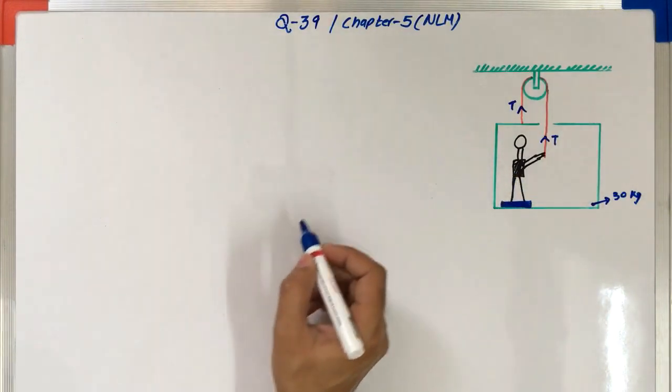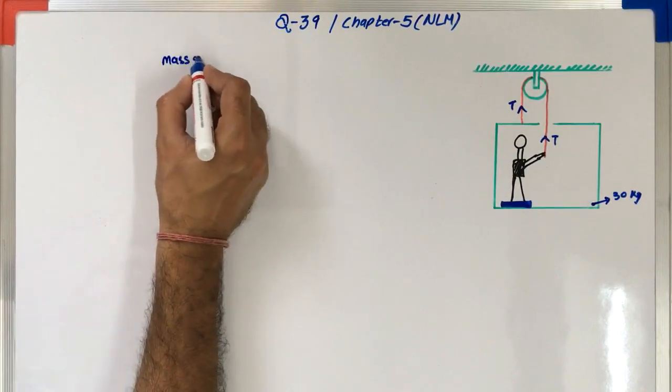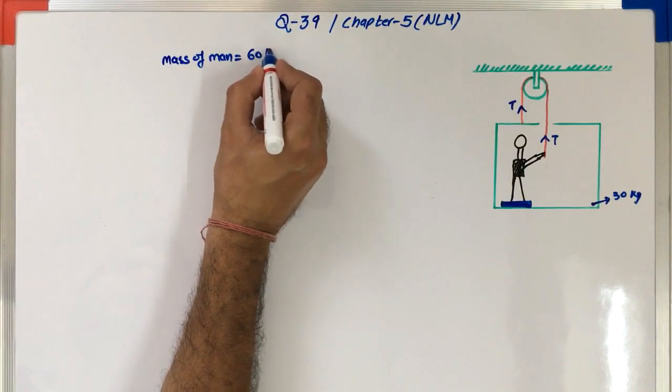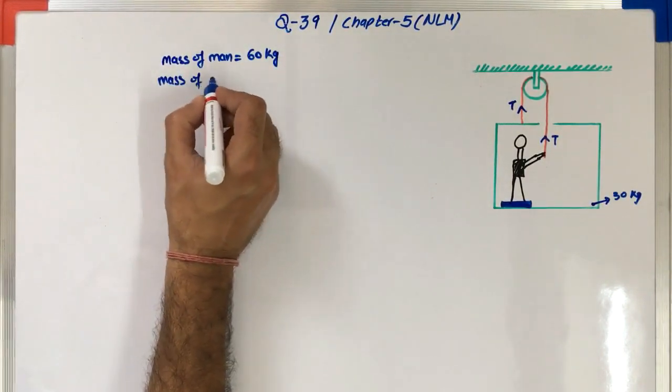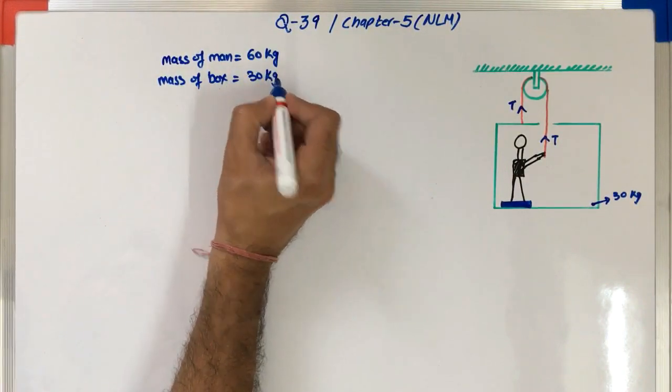So I'll write it down: mass of man is 60 kg and mass of box is 30 kg.